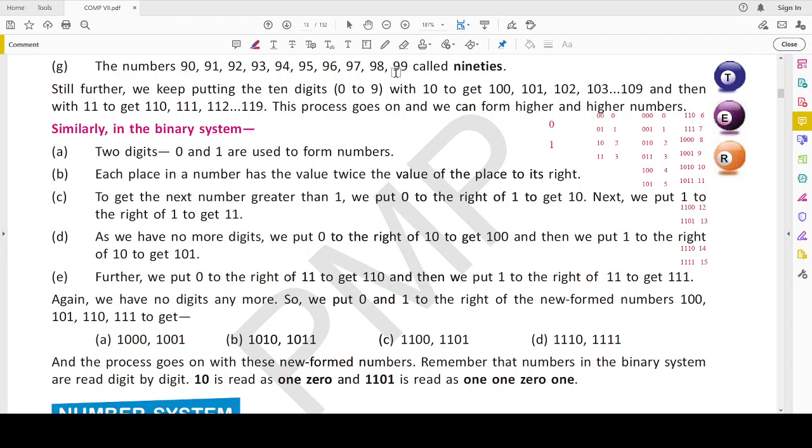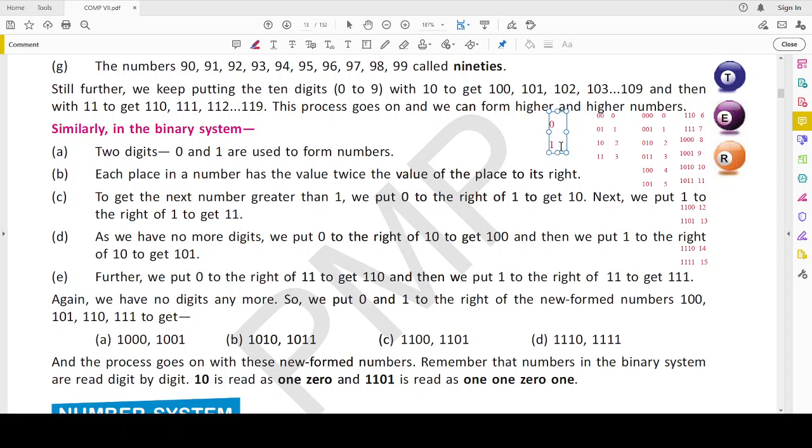So you need the next higher place to be filled by 1, then by 2, then by 3. But in case of binary, when you are generating numbers, you will not get any digit other than 0 and 1. So you can only fill the places by 0 and 1.